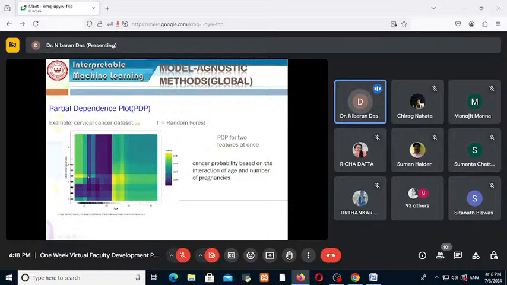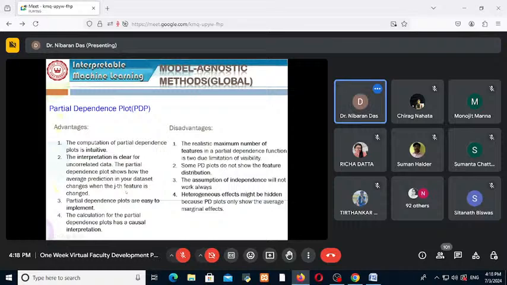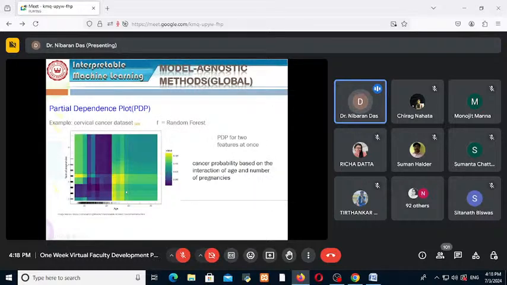In this way these features are correlated. This is the partial dependence plot. This is very important because most of the model-agnostic methods make some kind of assumption about the partial dependency plot. So this shows the cancer probability based on the interaction of age and number of pregnancies.